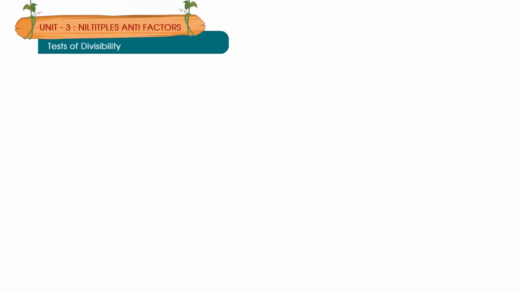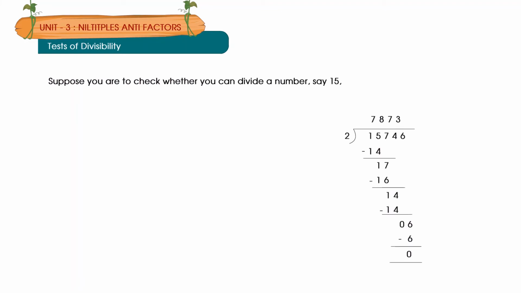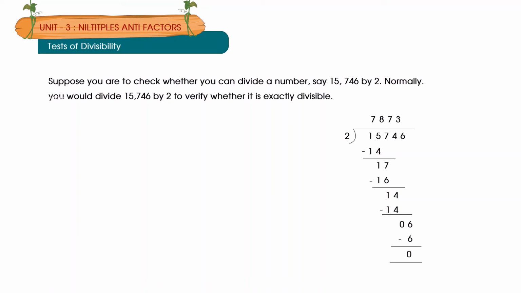Tests of divisibility. Suppose you are to check whether you can divide a number, say 15,746 by 2. Normally, you would divide 15,746 by 2 to verify whether it is exactly divisible. But there are some easy methods to check divisibility.